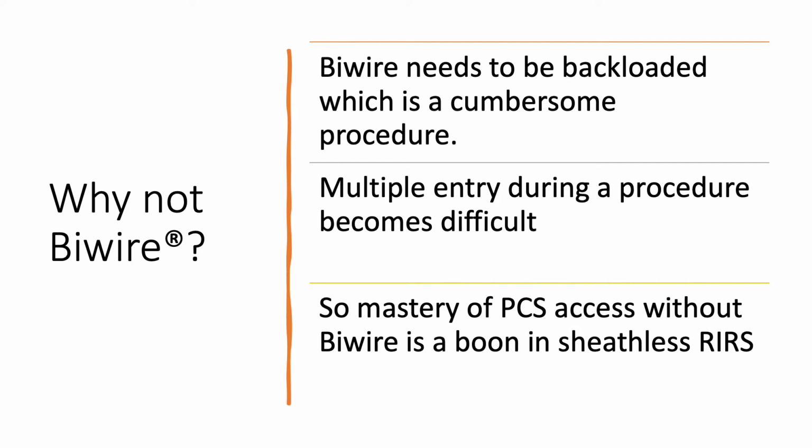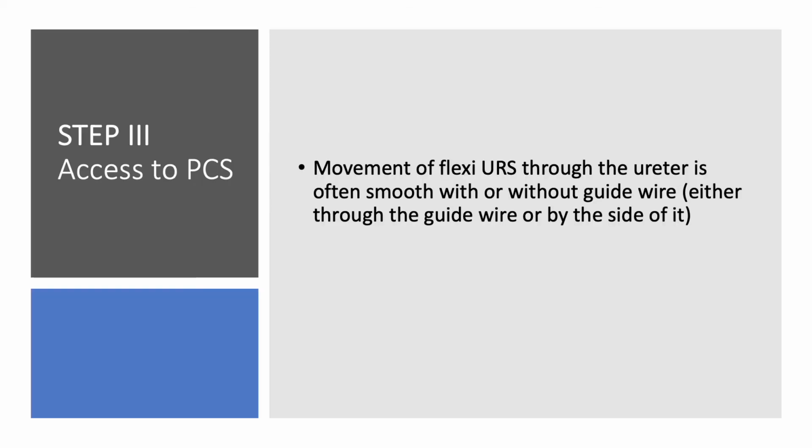In short, mastery of PCS access without a both-end floppy wire or the commonly available bi-wire is an advantage in sheathless RIRS. Now we will move on to the next step, step 3. This is access to the pelvic calyceal system.